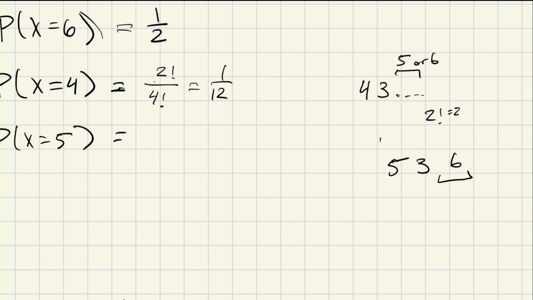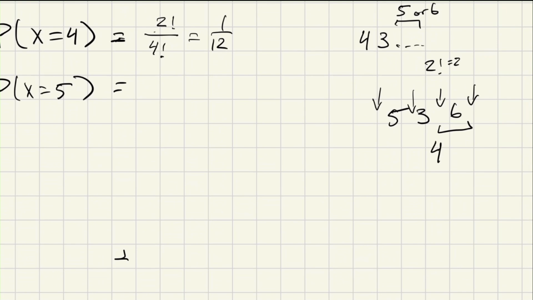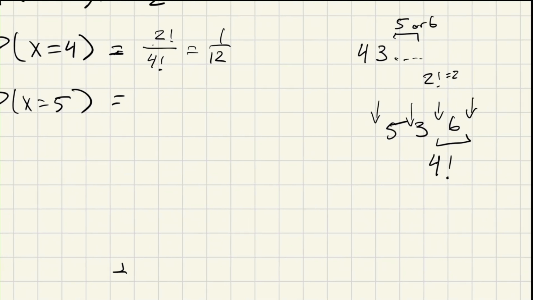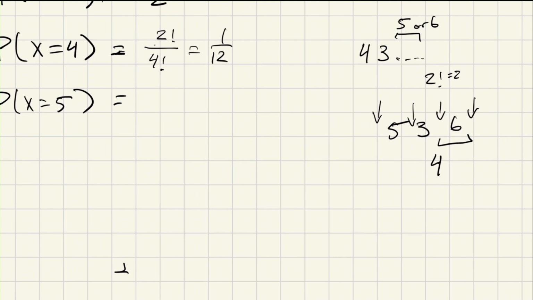The 4 can go here, here, here, or at the end. So how many ways is that? That is simply 4 ways. Oops, not 4 factorial ways, that's just 4 ways. So we have 4 over 4 factorial, which is simply 1 over 6.